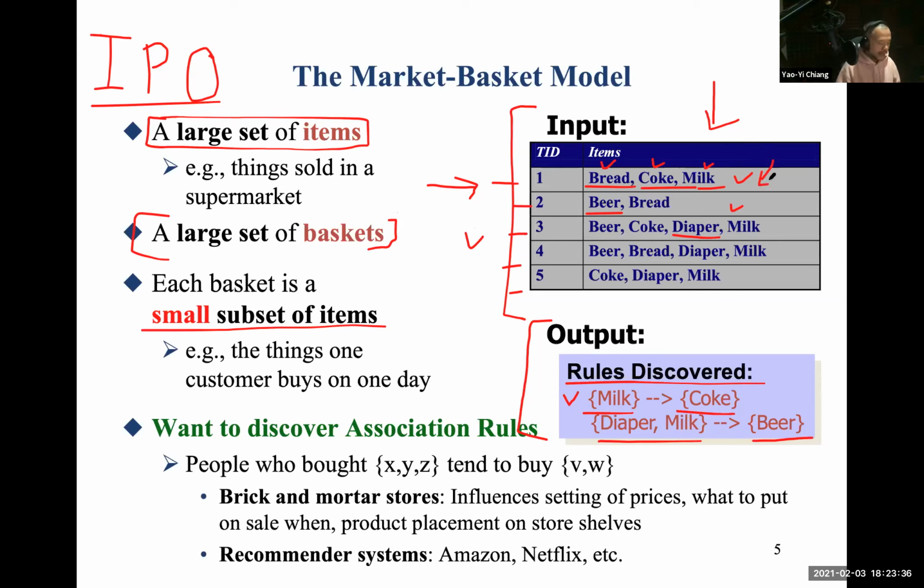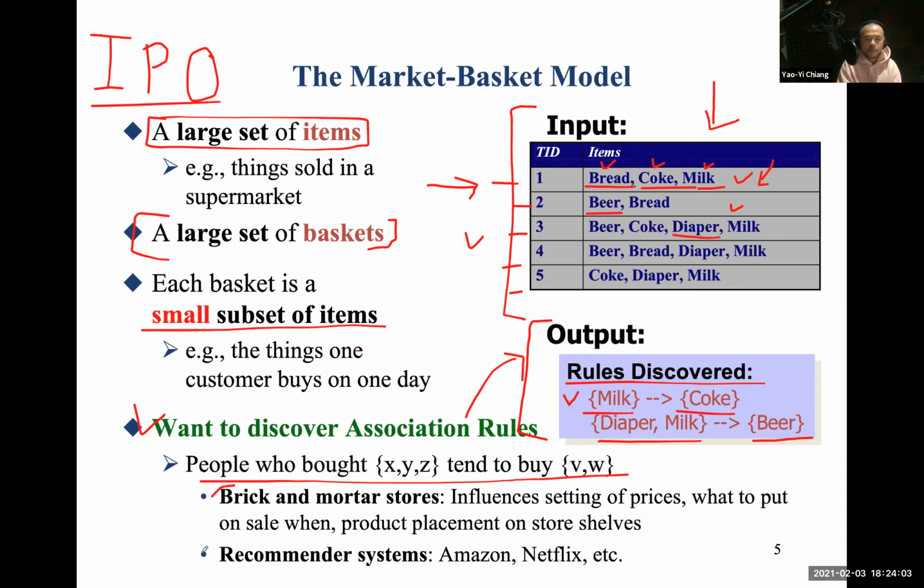You won't expect a customer in one transaction to purchase 100 different types of items. It could be 100 items of the same type, but the number of types will be small. And we want to be able to discover association rules like the output here.